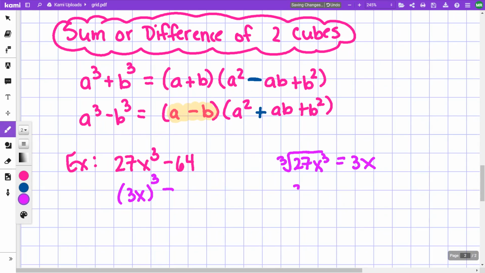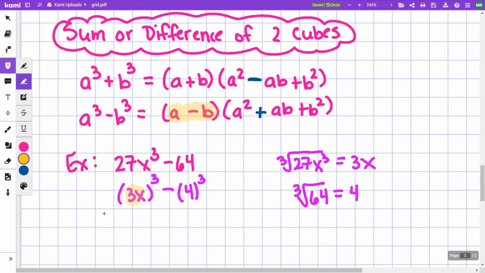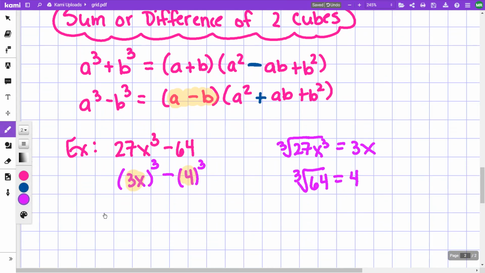I am also going to take the cube root of 64, and the cube root of 64 is 4. So this was really a 4 cubed. So this is really like my a, and this is really like my b. So my answer is going to be 3x minus 4, because that's the cube roots of each of those terms.